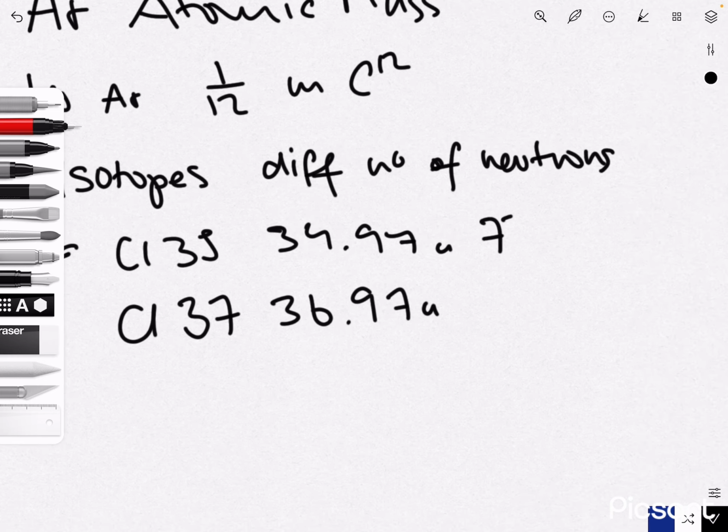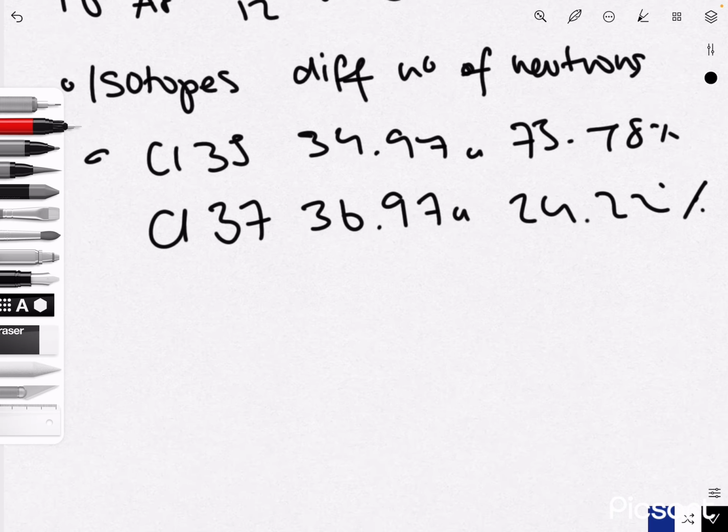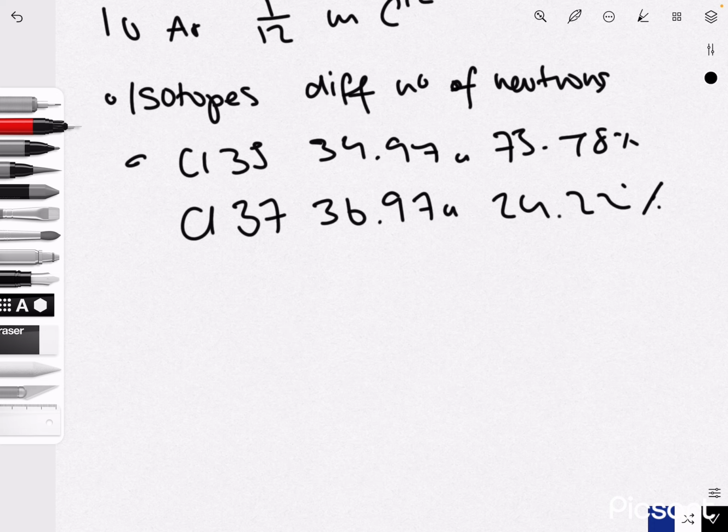Percentage abundance 75.78, and then 24.22. How would we calculate the Ar of these 2 isotopes? We will take our mass and multiply it by our percentage.